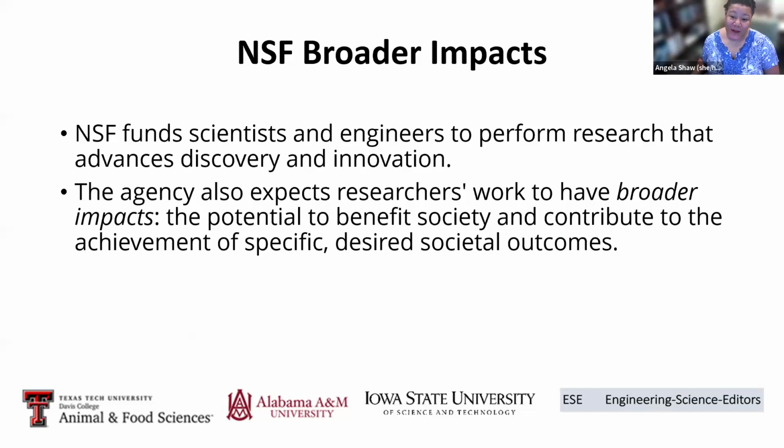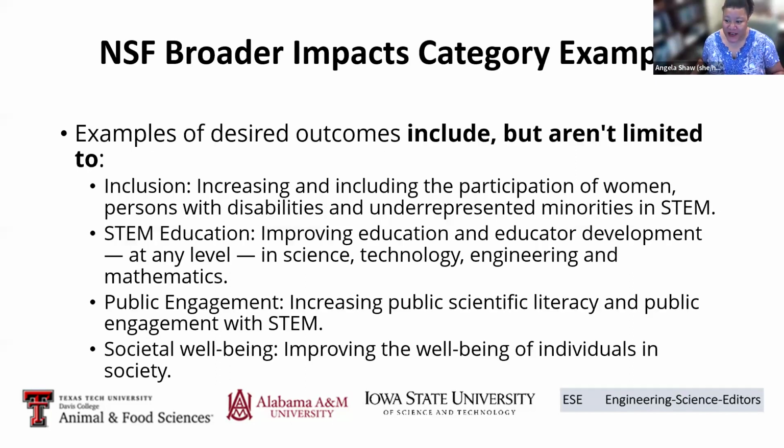NSF also talks about broader impacts and how you might take your research and have a greater societal outcome. So they give a lot of different examples of how you might increase your impact. And some of it comes back to our conversation of outreach and engagement. They want to see STEM education where you're improving education and educators' development.